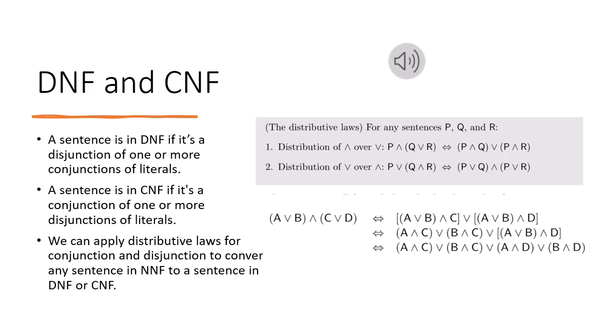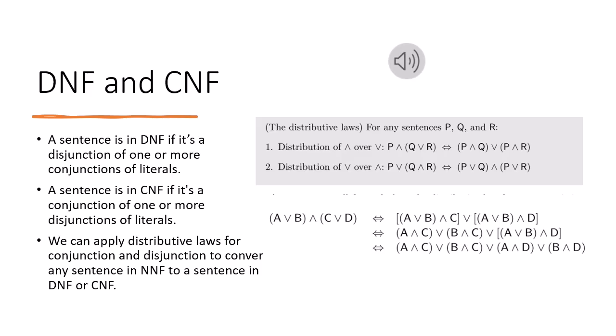The two distributive laws we have for sentences are tautological equivalences, or in this case, tautological consequences as well. What they say is that, for example, conjunction distributes over disjunction. That's the first line.